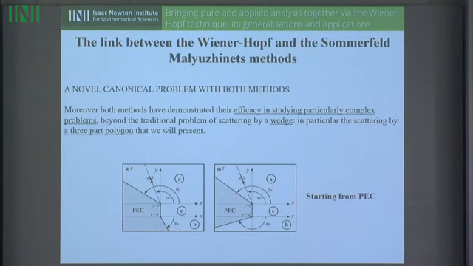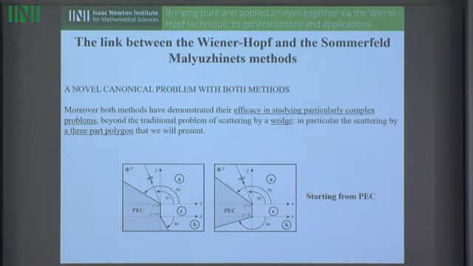Here is a novel canonical problem for both methods. I had a discussion with Professor Speck about what is canonical, and probably he can give a good definition. Here we think that a kind of novel canonical problem is polygonal structures, and this will be presented in the last lecture as an advanced topic.